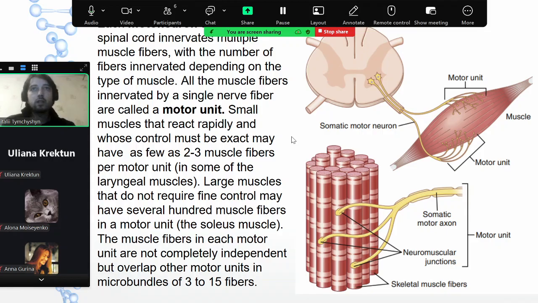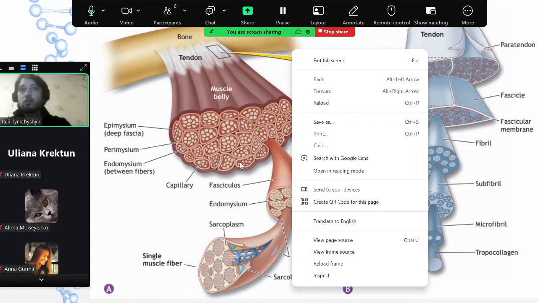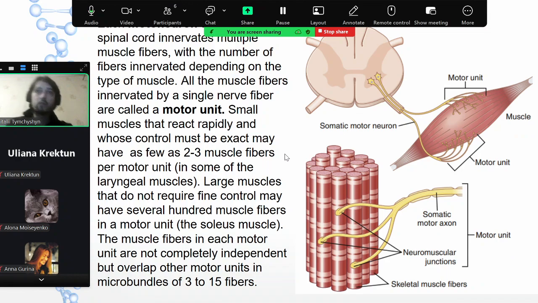Small muscles that react rapidly and whose control must be exact may have as few as 2-3 muscle fibers per motor unit, while large muscles that do not require fine control may have several hundred muscle fibers in a motor unit. That's pretty reasonable. If you need precise control, you control each fiber separately.